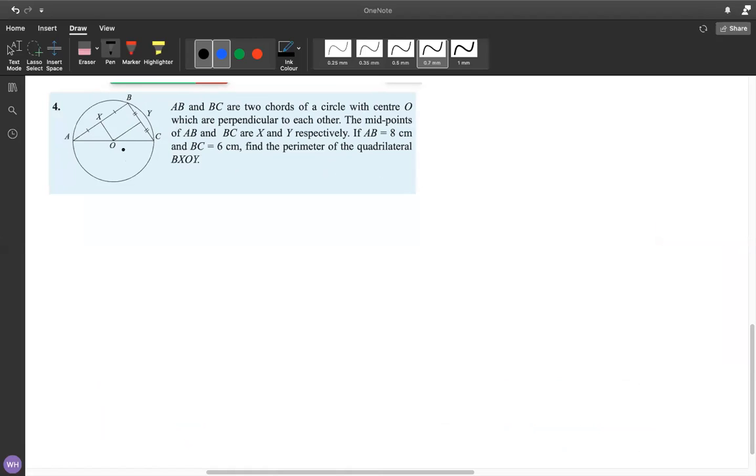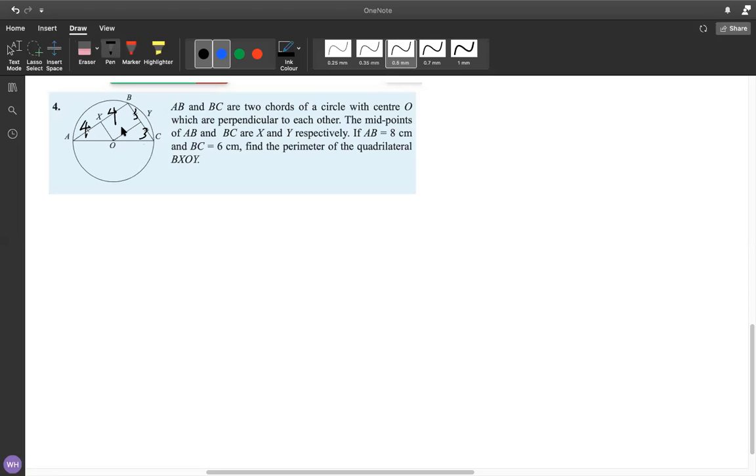If AB equals 8 centimeters, then this is 4 and this is 4. And BC is 6, so this is 3 and here also 3. Find the perimeter of the quadrilateral BXOY.